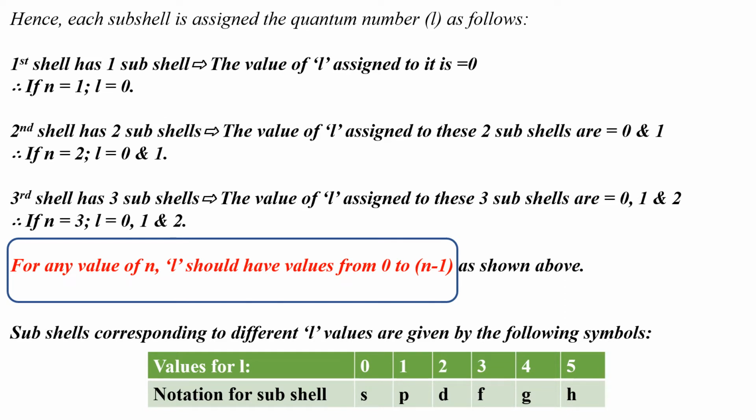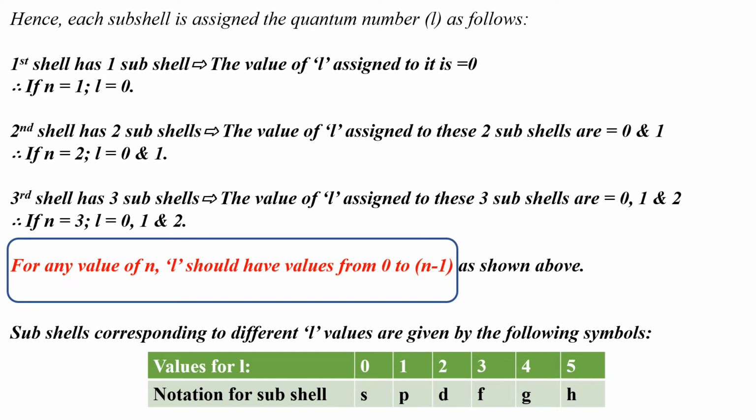If the value of L is 2, then it stands for d subshell. If the value of L is 3, it stands for f subshell. If it is 4, it is g subshell. If it is 5, it is h subshell. We still do not know elements which have h subshell in our periodic table.